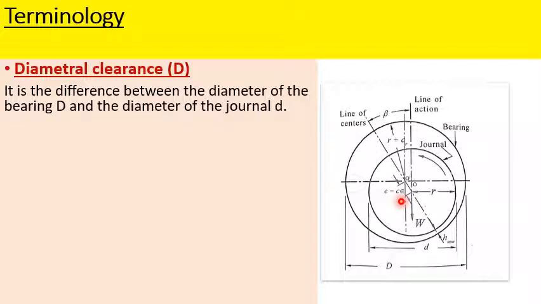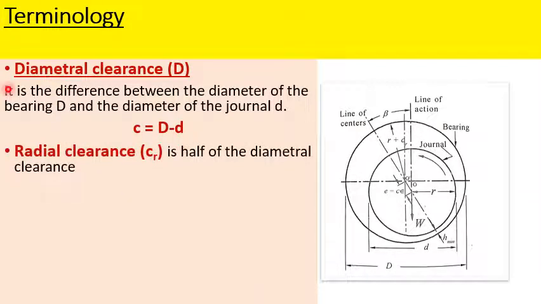So what is diametral clearance? Diametral clearance, as the name indicates, is the difference between the diameter of the bearing, that is capital D, and the diameter of the journal, that is small d. So this difference, capital D minus small d, gives the diametral clearance.